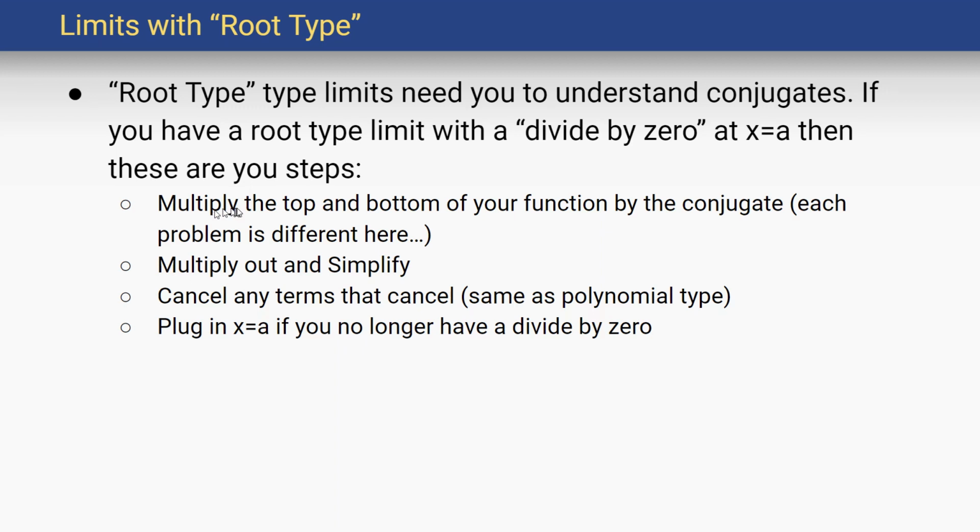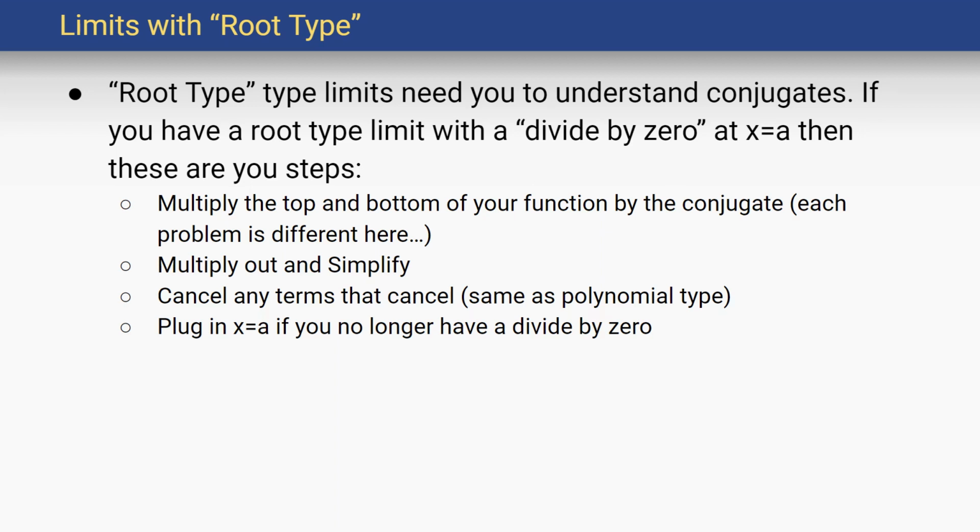And then you multiply the top and the bottom of your function by the conjugate. Each problem is going to have a different conjugate, and you need to be able to tell what it is. Remember that a conjugate is just taking whatever the sign is and reversing it. A minus b and a plus b are conjugates.